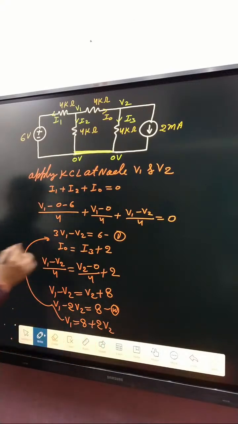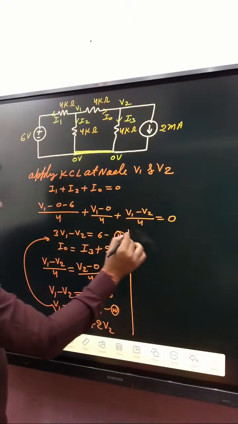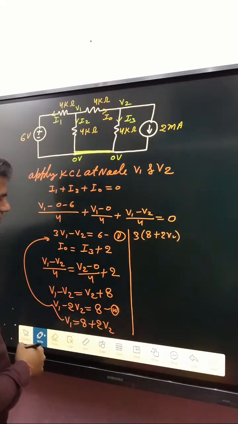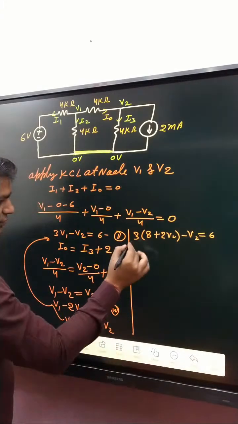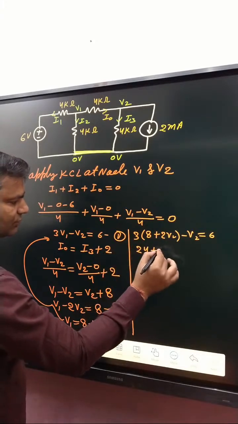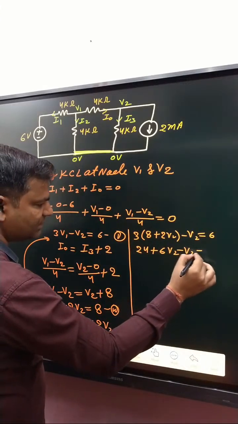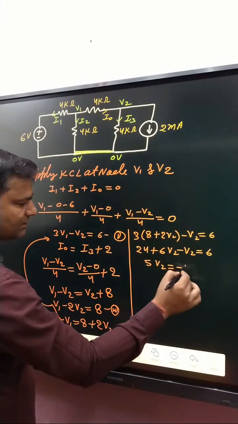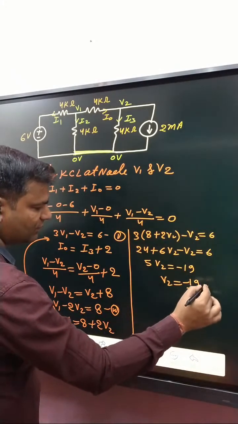Putting that into equation number 1, we get 3 times (8 plus 2 times V2) minus V2 equal to 6. That is 24 plus 3 into 2, that is 6, minus V2 equal to 6. So 5V2 is equal to minus 19. So V2 is equal to minus 19 divided by 5 volt.